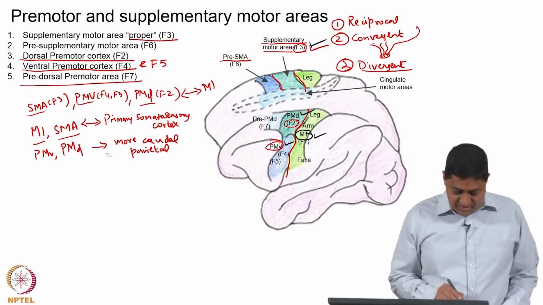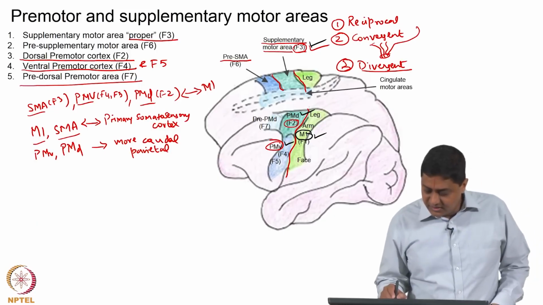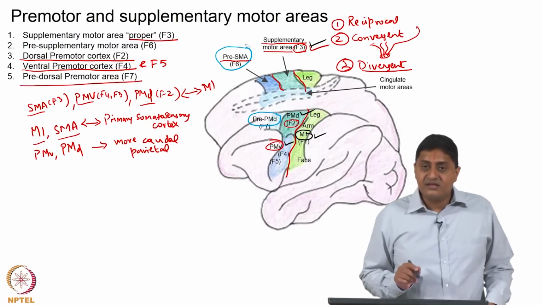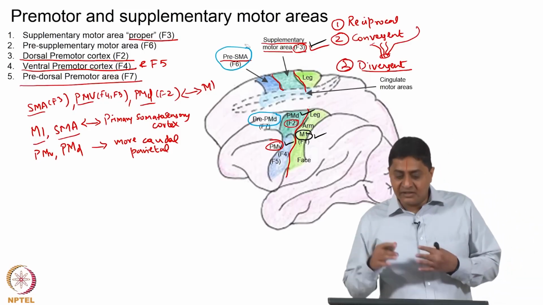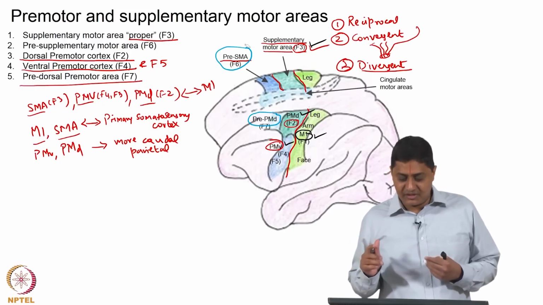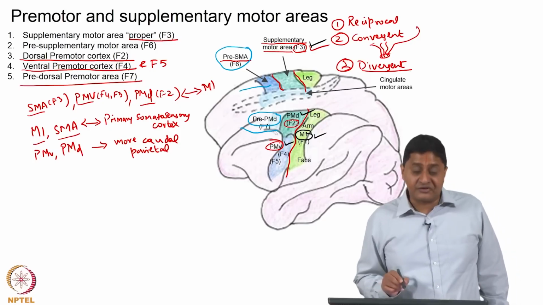Now, what is not discussed, I am going to circle in blue, that is these areas, is it not? The pre-dorsal premotor cortex and the pre-supplementary motor area, these two areas, in comparison with the other premotor areas, receive only weak inputs from the somatosensory cortex, but very strong projections from the prefrontal cortex.